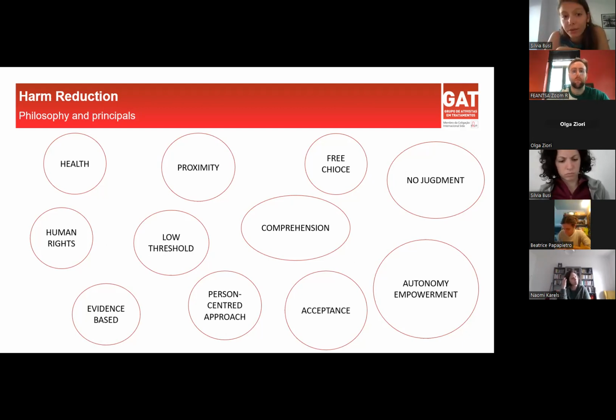So we cannot have a lot of rules of access to the service. We cannot have opening hours that don't work for our people. We cannot have our place of work in an area where nobody is going. We have to be there. When we opened the drop-in in our service, we opened it parallel to the street of the drug dealers.